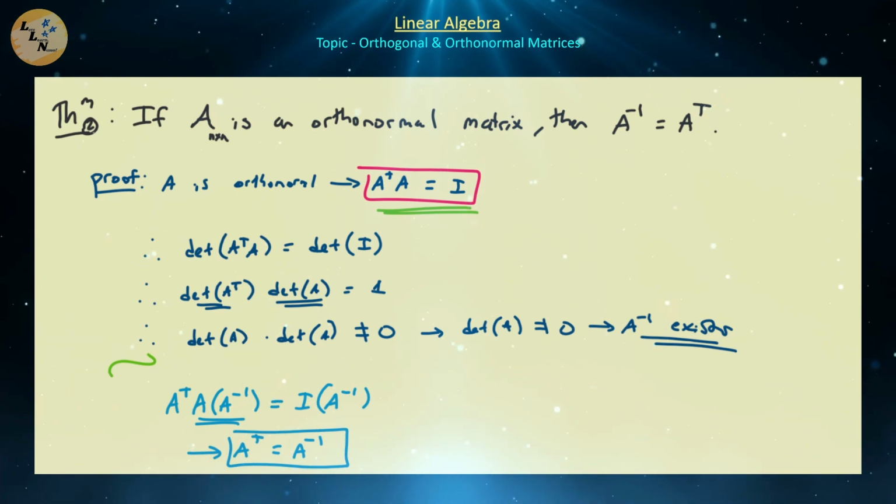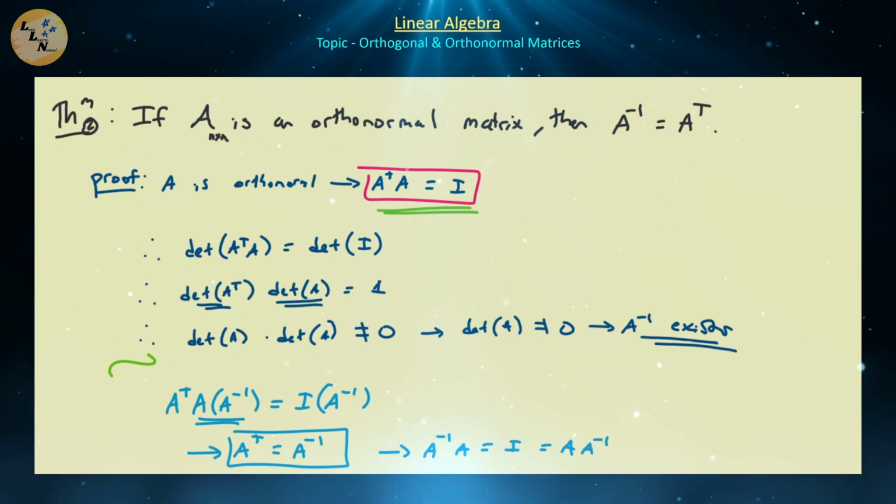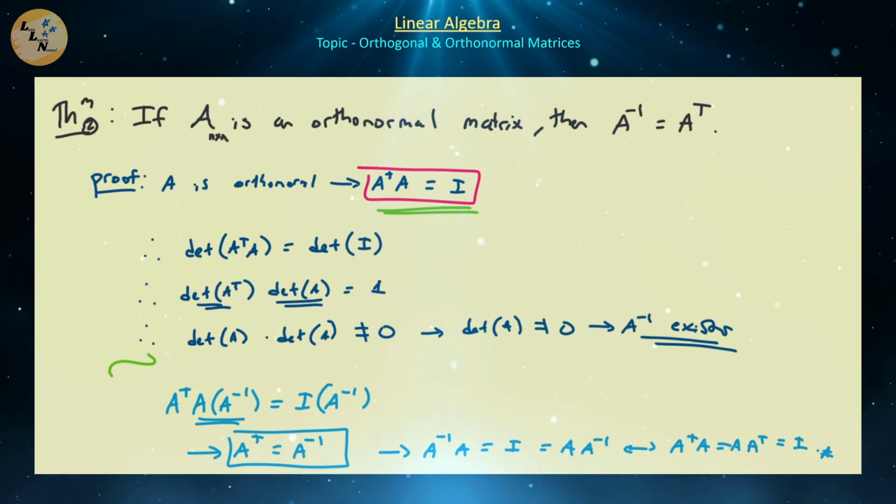So if A transpose is equal to A inverse, that means, of course, that A inverse times A is equal to I, and equivalently, A transpose A is equal to A A transpose is equal to I, which is what we set out to prove, right? So if A is an orthonormal matrix, then the inverse of that matrix is precisely equal to its transpose.